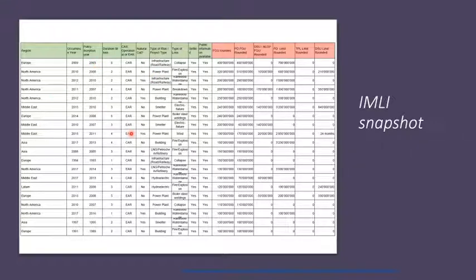So the information is anonymized, but out of this list, we only produce aggregated data per type of risk, per region, or per type of loss. So there is no interest in drilling down into one of these losses, finger pointing or whatsoever. This is definitely not the interest.